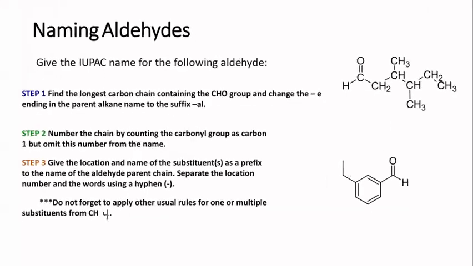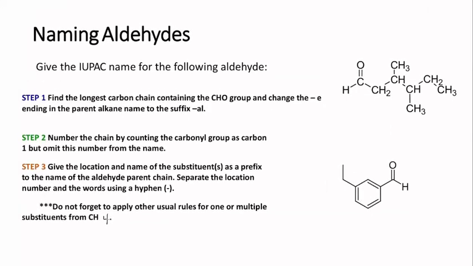For those of you that may be like, wait, what is the CHO group? This CHO group is just representing this, okay? Or in the case of the bottom molecule, it's going to be that, okay? Now, understand that the longest carbon chain must contain the carbonyl with the hydrogen. So that carbon in the double bond with oxygen and in the single bond with hydrogen needs to be contained in the longest carbon chain.